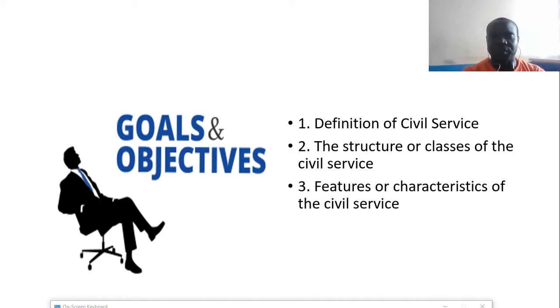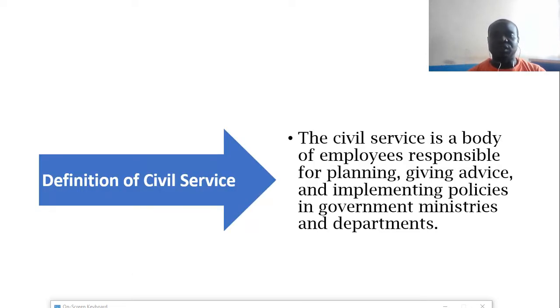Beginning with the first objective in this class, civil service is a body of employees that are responsible for the planning, giving of advice, and implementing policies in government ministries and departments.